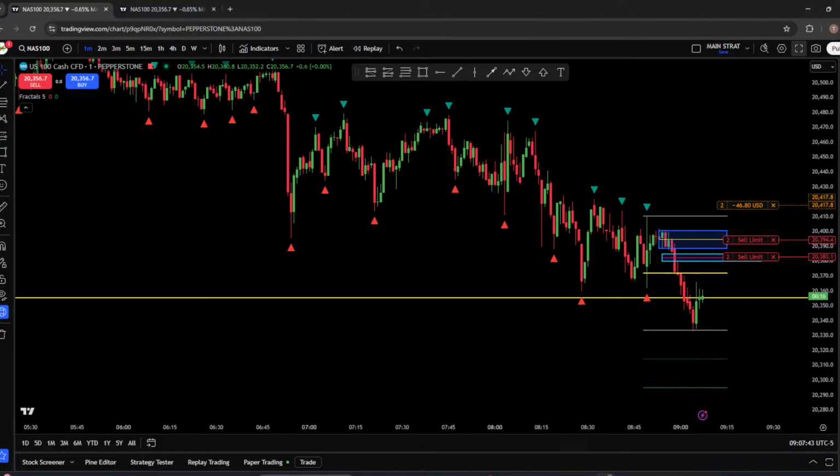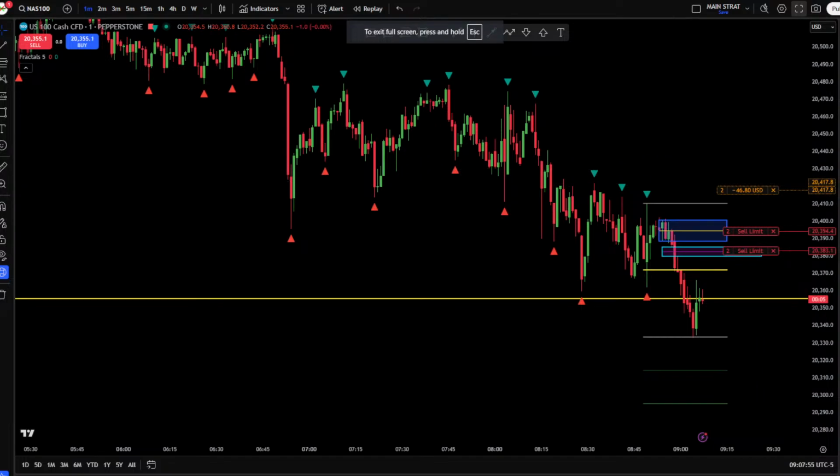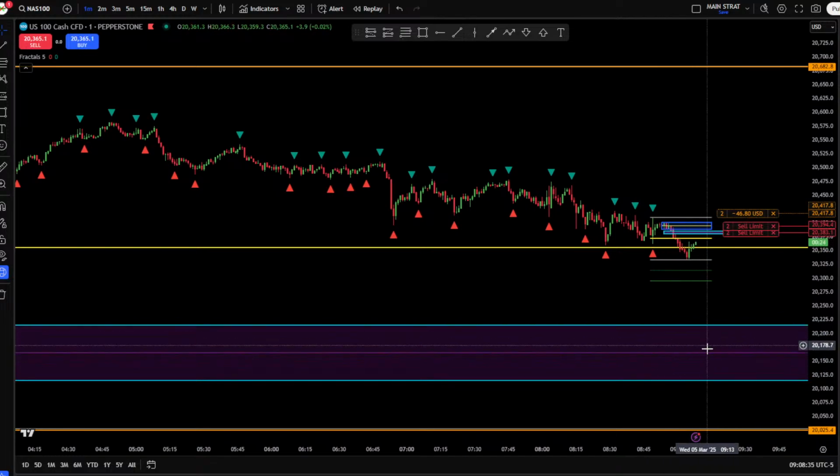Get our 5 minute. I think we could potentially draw down into this area on the 5 minute.